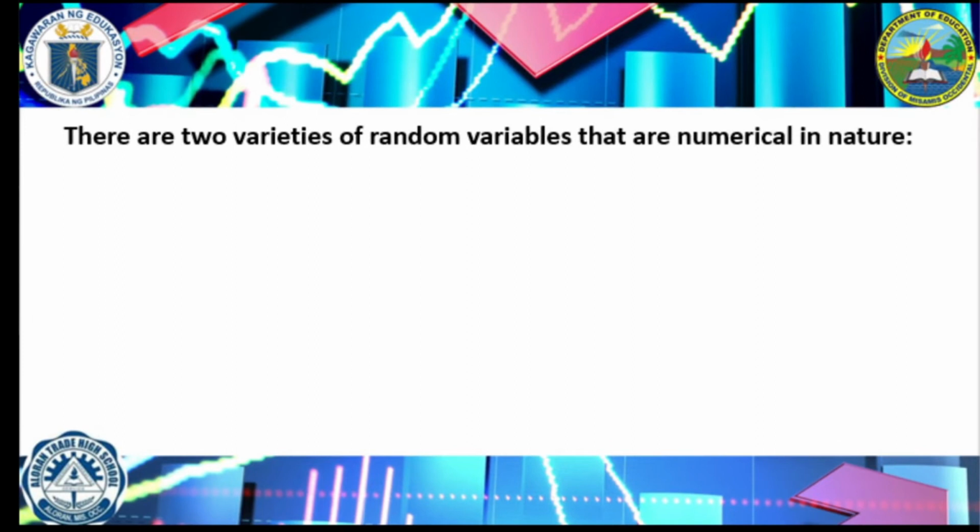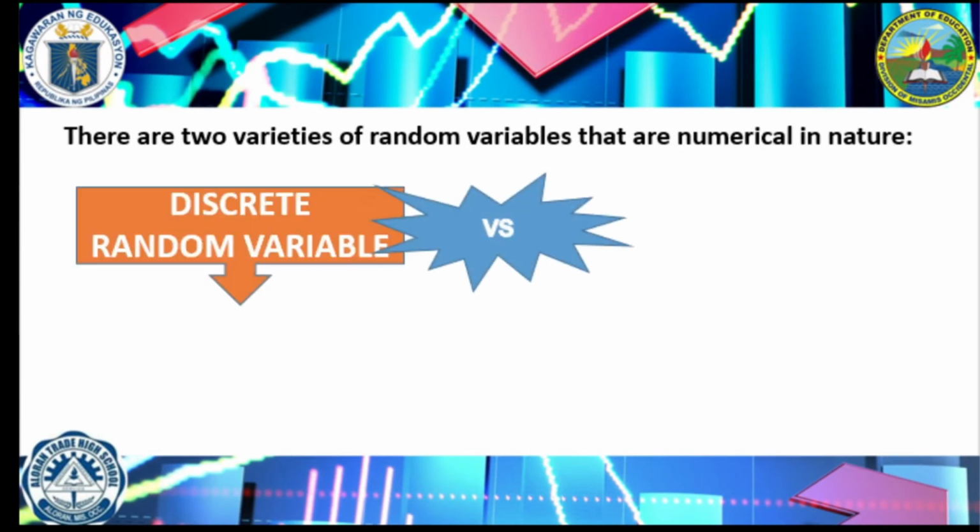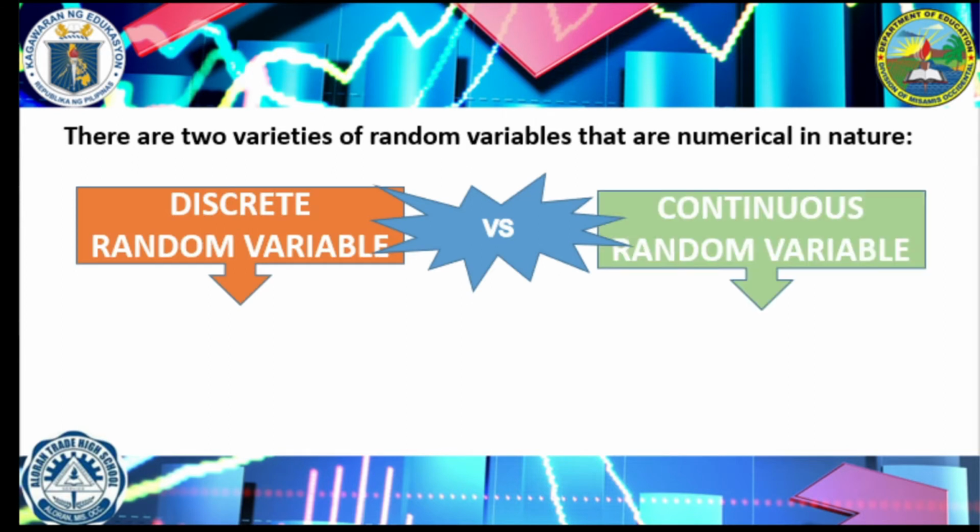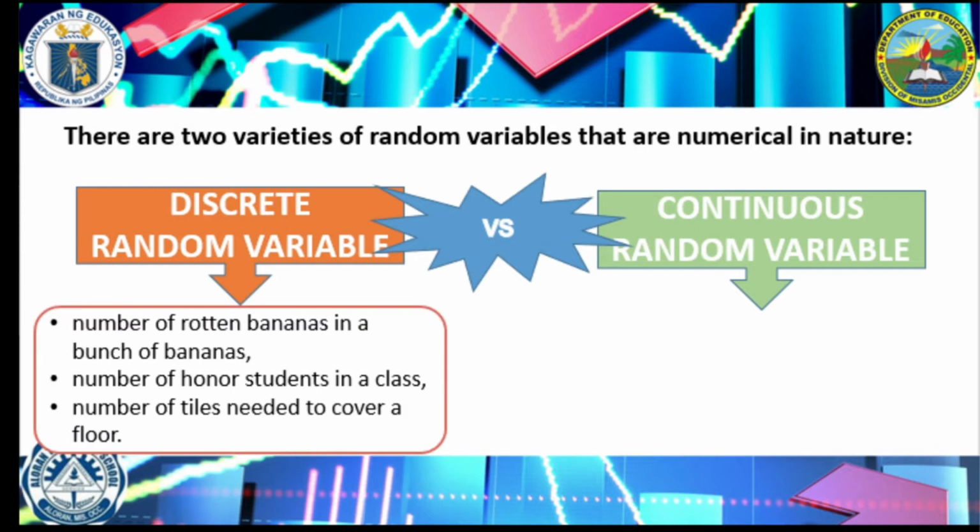Now, there are two varieties of random variables that are numerical in nature. So we shall be comparing discrete random variable and continuous random variable. When we speak of discrete random variable, this talks about number of rotten bananas in a bunch of bananas, number of honors students in a class, number of tiles needed to cover a floor.